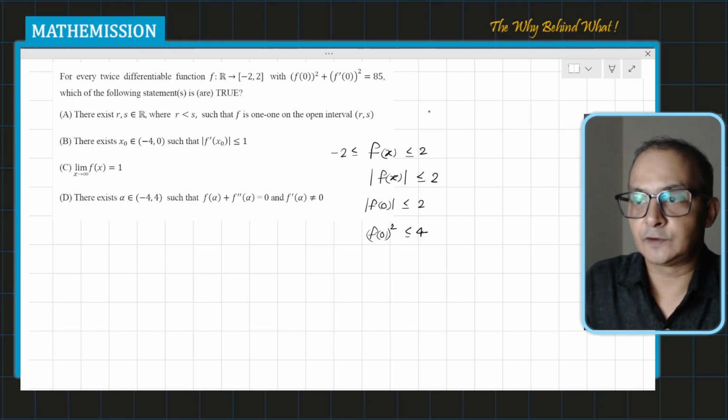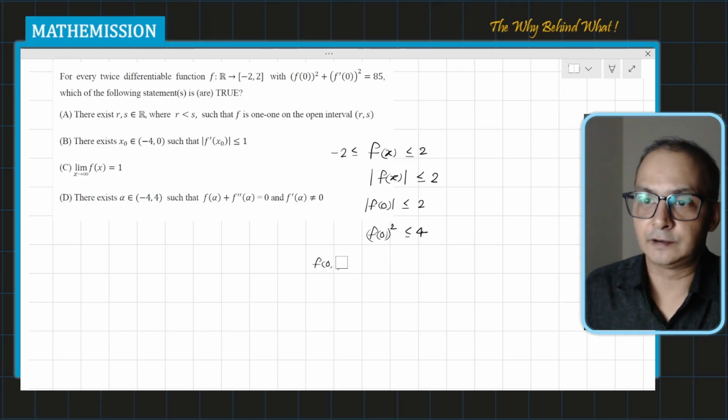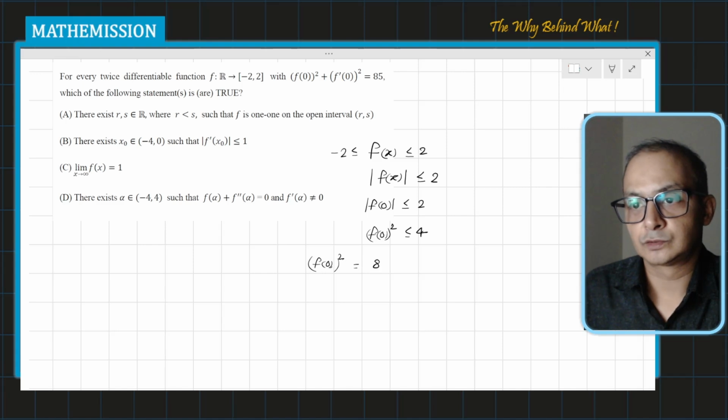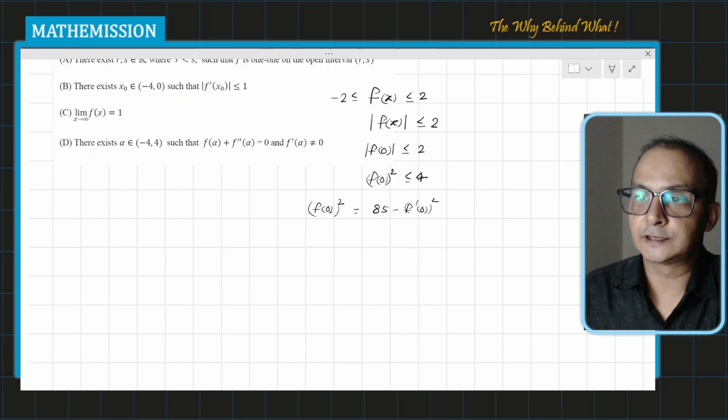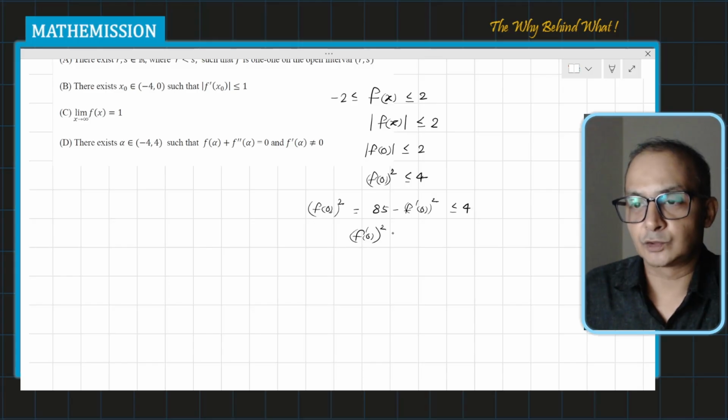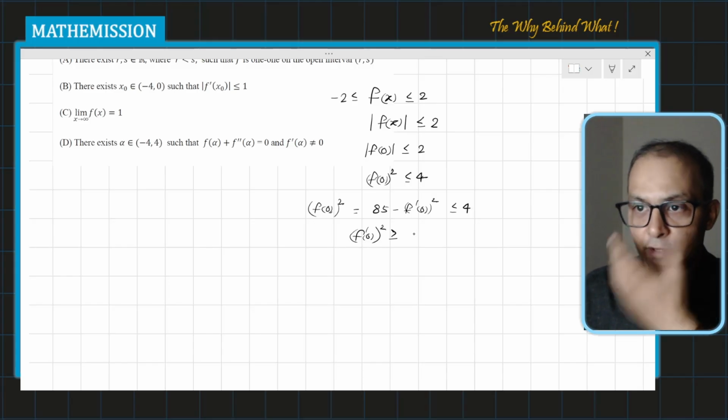It means from this information, I'm going to write f(0) squared is equal to 85 minus f dash 0 squared. Since f(0) squared is less than or equal to 4, we can write that f dash 0 squared is greater than or equal to 81.